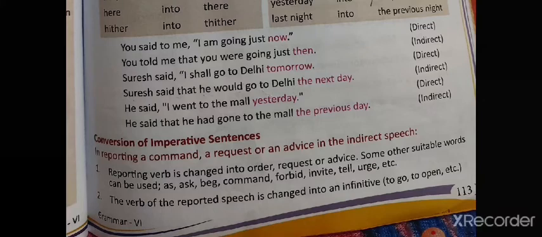Now second is, the verb of the reported speech is changed into an infinitive. For example, if I'm saying don't go there, so here the ma'am has ordered not to go there. To go becomes the infinitive.